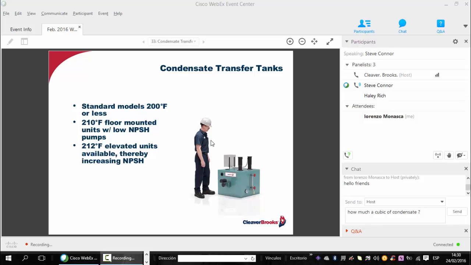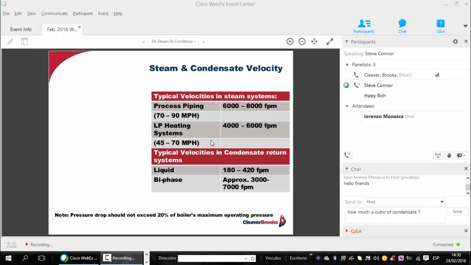Okay, so now we have gathered the condensate and are going to pump it back into the boiler room. So what are the considerations? Well, one of the important things that we need to consider is the velocity of this fluid within the pipe, which will be determined by a number of factors, starting with the boiler's operating pressure. Then we have to know the amount of condensate that is being trapped, the pounds per hour. Every pound of steam, remember, becomes a pound of water.